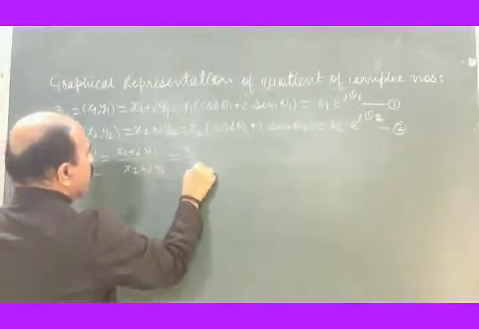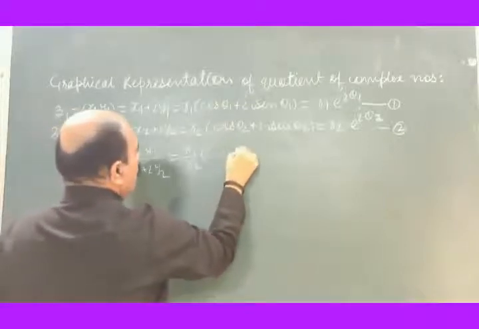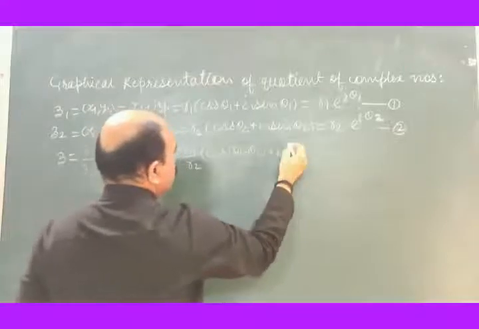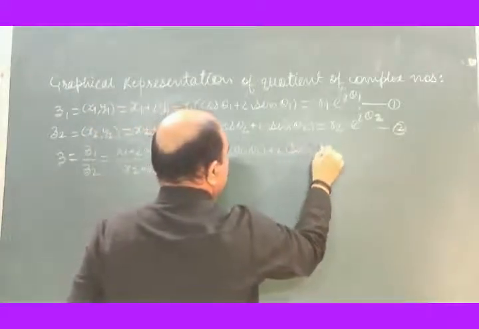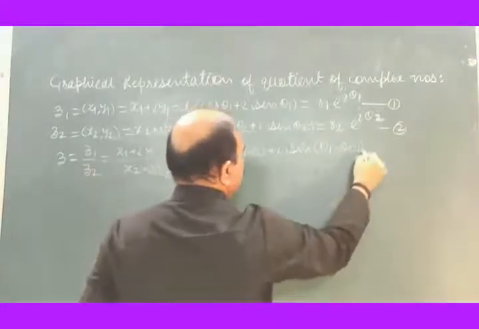R1 divided by R2 into cos (theta 1 minus theta 2) plus i sin (theta 1 minus theta 2).